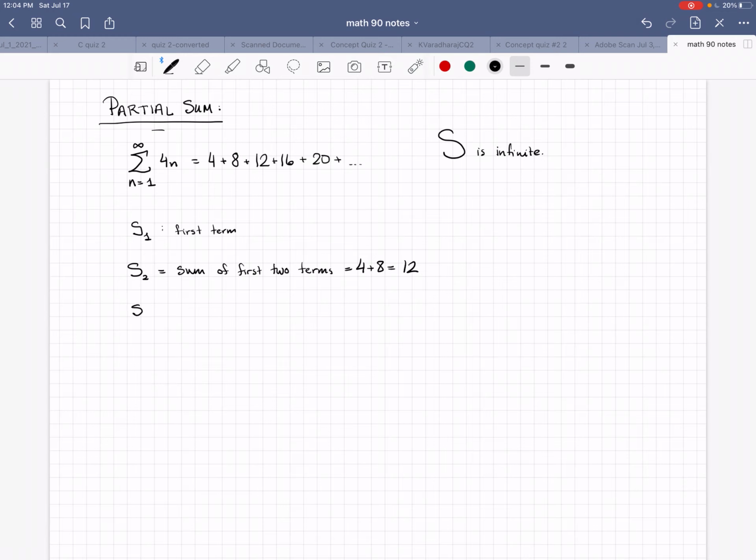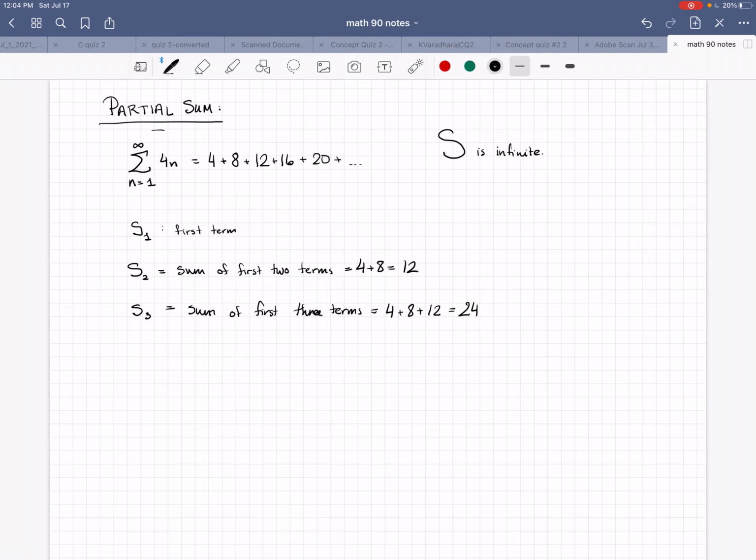S sub 3 is the sum of the first 3 terms, which is going to be 4 plus 8 plus 12, which is 24.